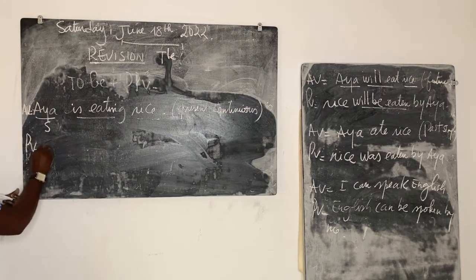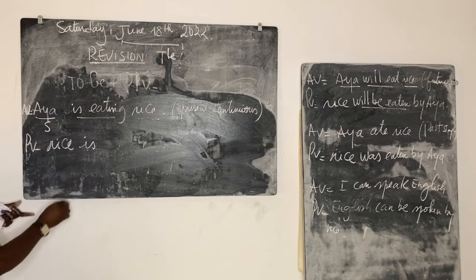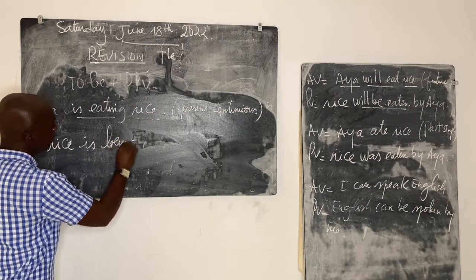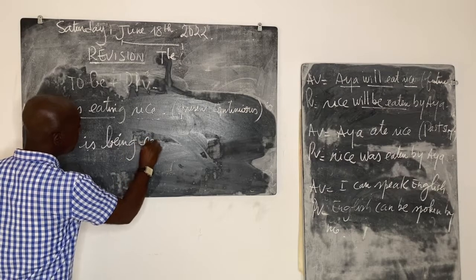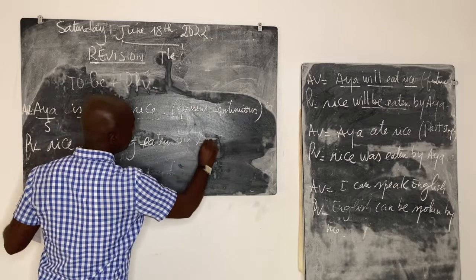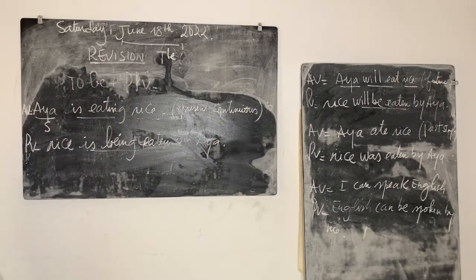So it's going to be rice is being eaten by Aya.